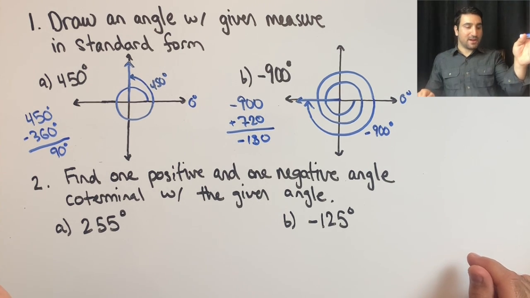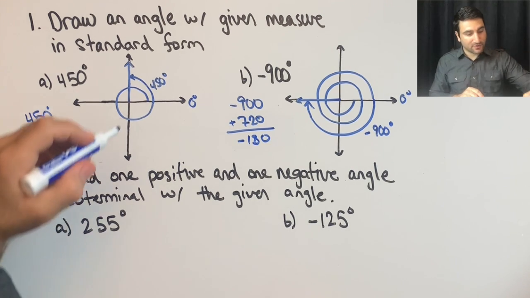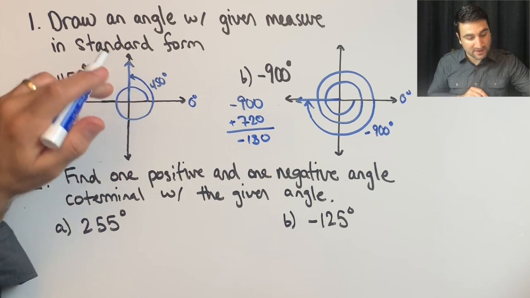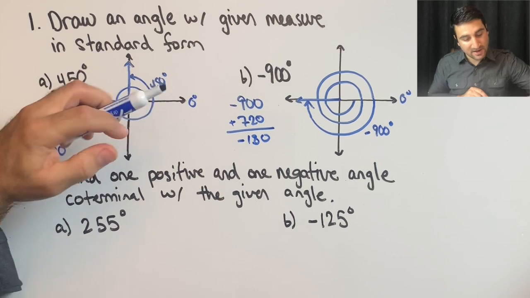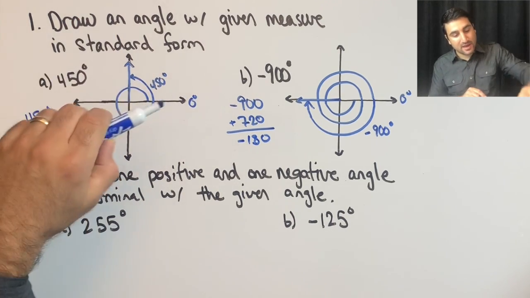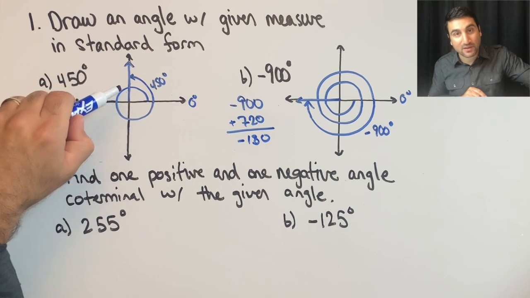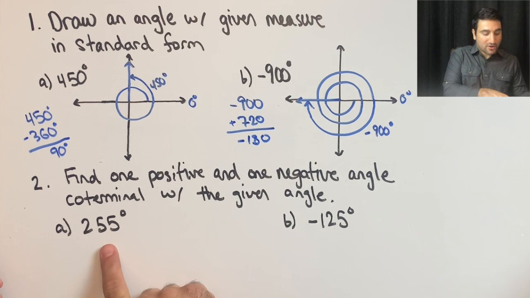It just might have taken another loop to get there. For example, 450 would be coterminal with 90, because 90 is pointing that way, and so is 450, because even though it went an extra round in the circle, it's pointing north. So we want to find the coterminal angles, one positive and one negative.